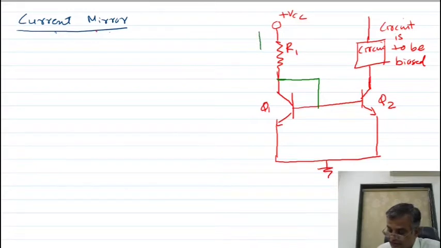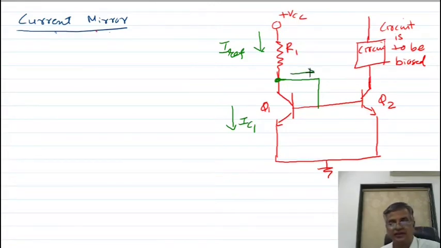Now here the reference current I reference is passing. This current is IC1. This is a junction point, so from this one current flows here, and two currents bifurcate, IB2 and IB1.